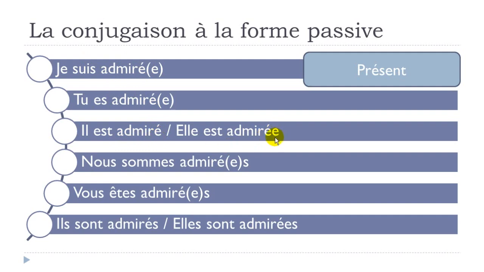Remember that we add this final e because we've got a feminine subject, and so this e is the mark of the singular feminine, okay? But then if you think about that phonetically, you don't pronounce it, so whether it's masculine admiré or feminine admirée, you will pronounce them the same way. But still, if you want to write it correctly, you should add this e.